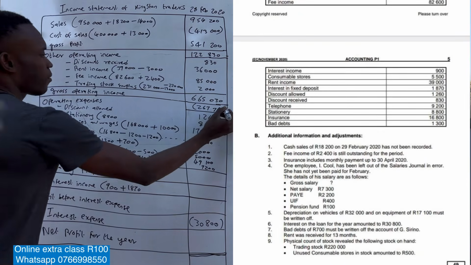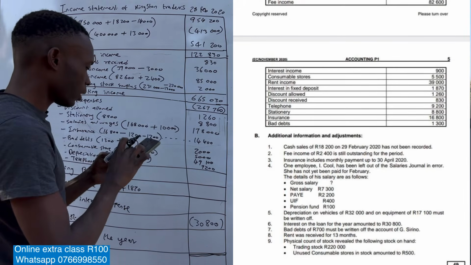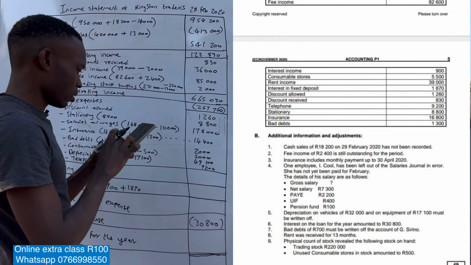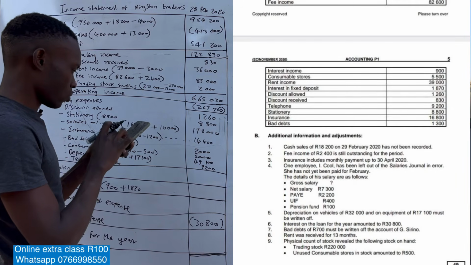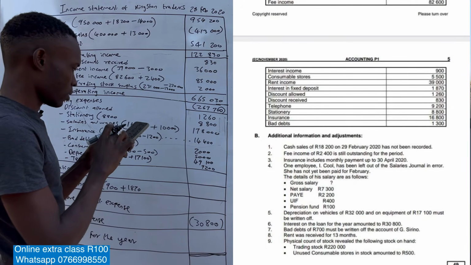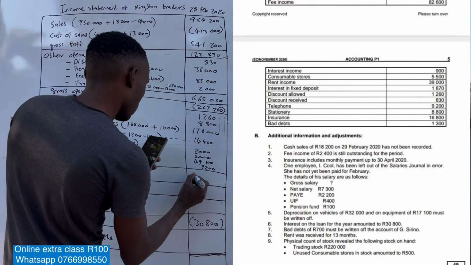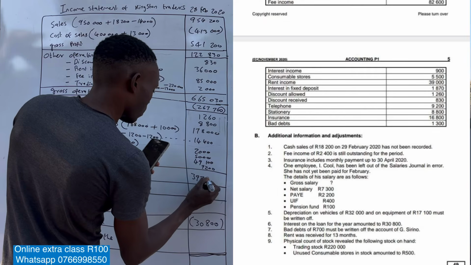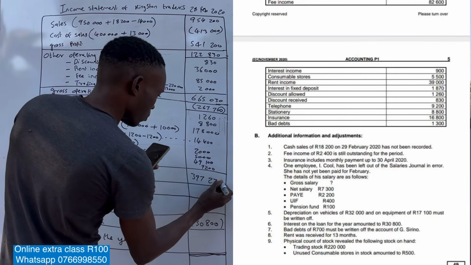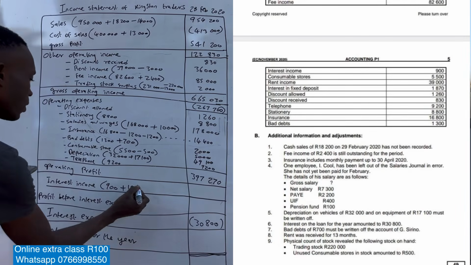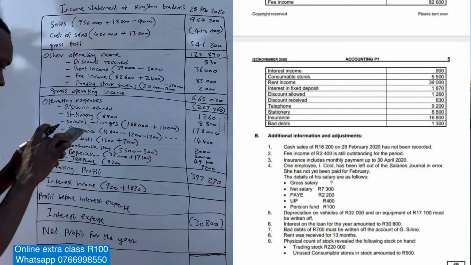Okay, then after that, this one minus this one, 665,030 minus 267,760, which is going to give you operating profit of 397,270.